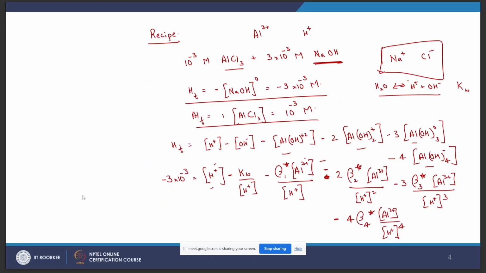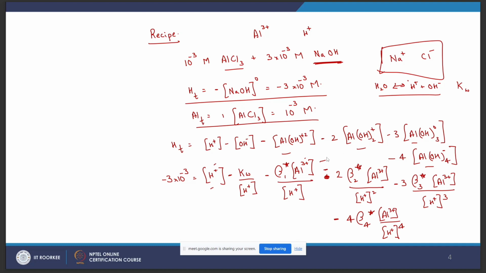So here our example is shown that suppose we have added 10 raised to the minus 3 molar of AlCl3, and we have added this much of NaOH. So total HT will be minus of this, and Al total will be AlCl3, that is 10 raised to minus 3 M. And similarly we can put the value of total Al3.